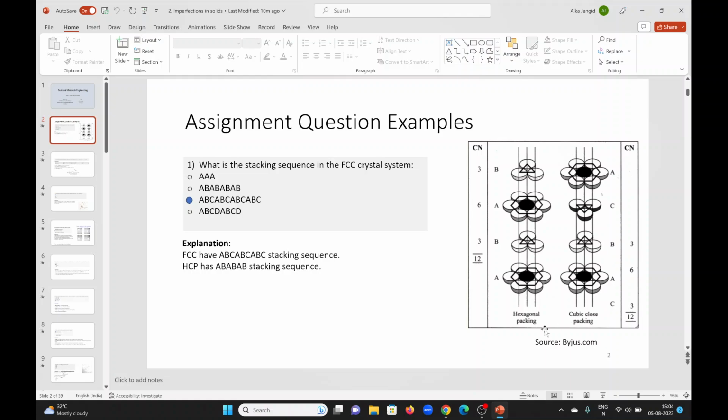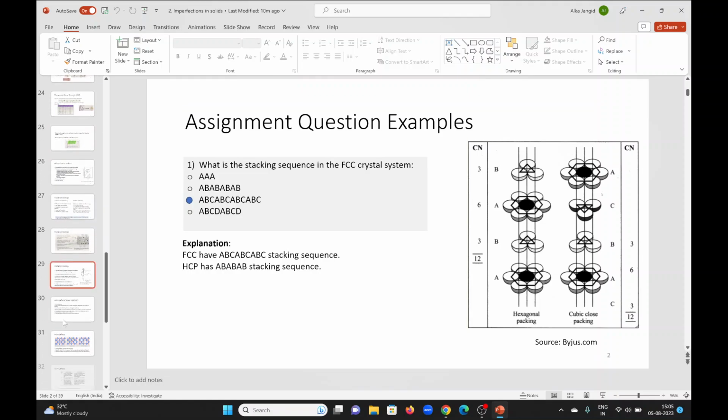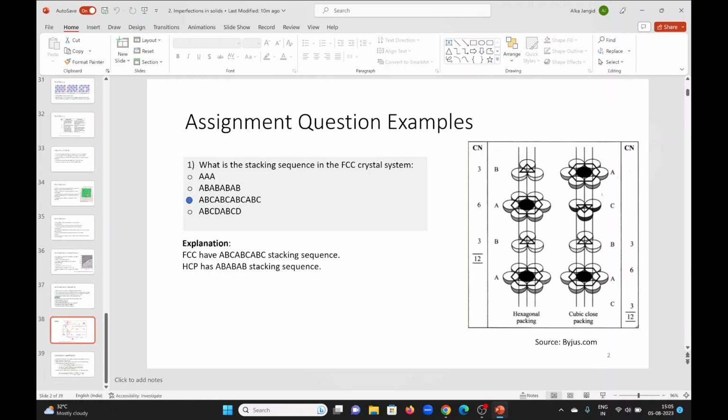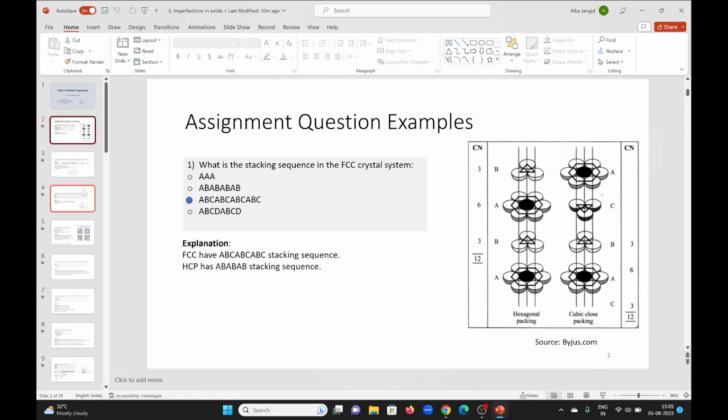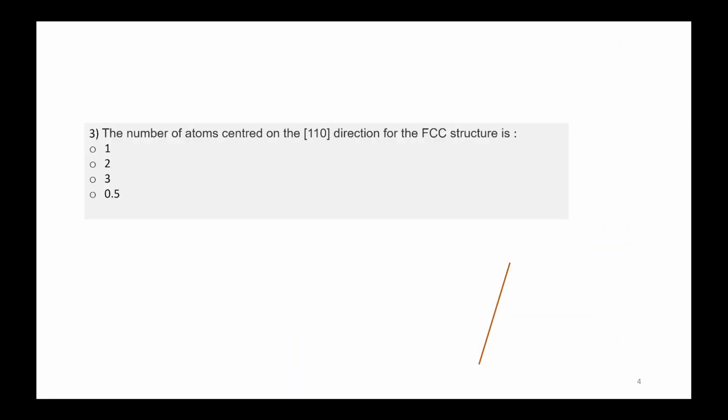For FCC, when you take along one direction, your atoms will look like this. So at a plane, then again AB, this type of structure, then C plane will be there, then it will repeat. One second, let me check. Okay, so from here you can see this one, right?